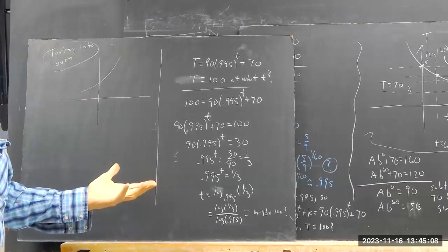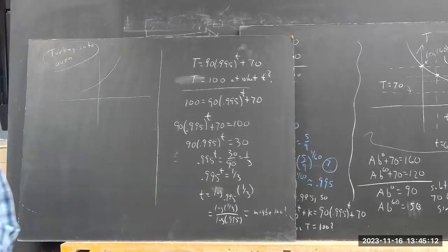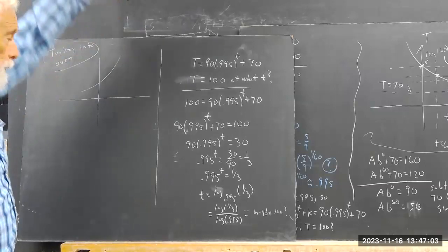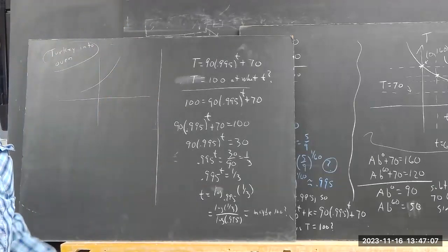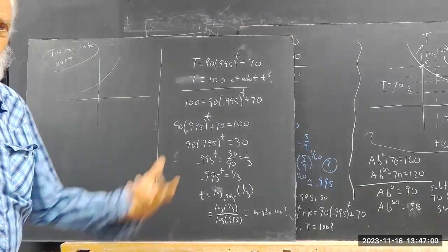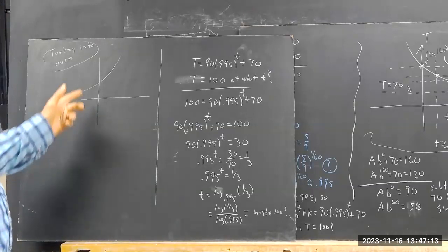Okay. What would that limit be? The problem with this model is if the turkey approaches infinity, leave it in there long enough and it would generate nuclear fusion. Okay. That's what this model says.